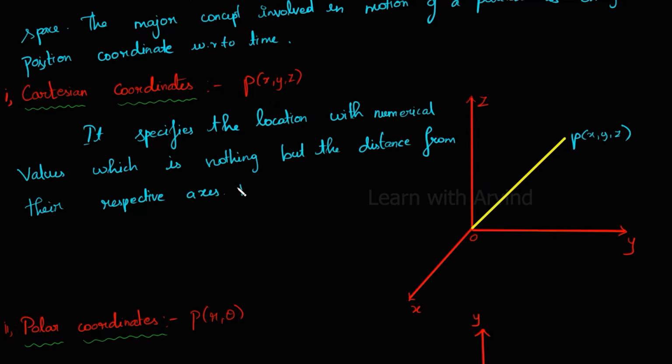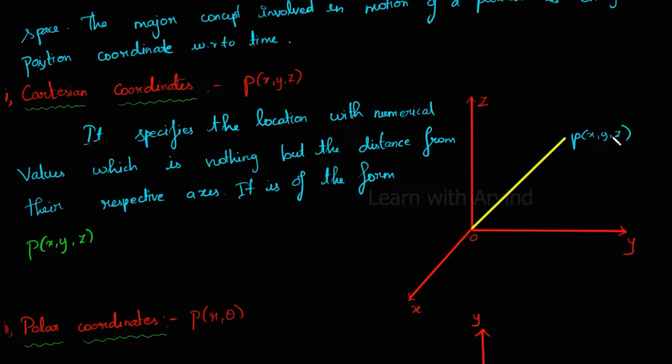For instance, take this point P of x, y, z, which means that this point P is at a distance of x along the x-axis, a distance of y along the y-axis, and z along the z-axis from its origin.